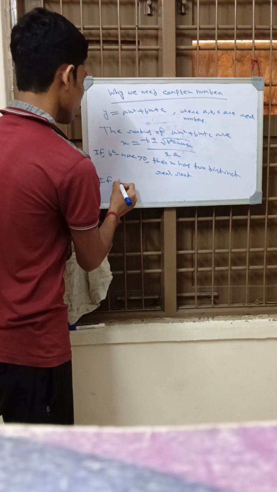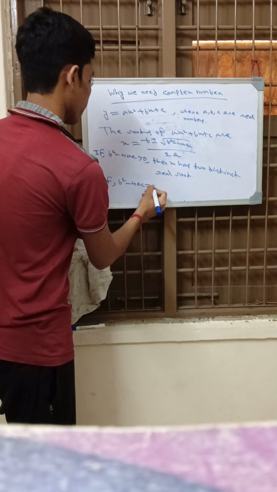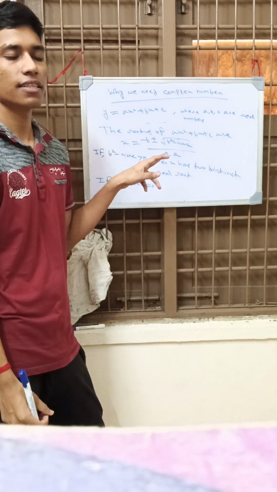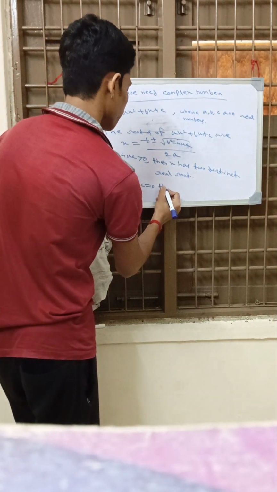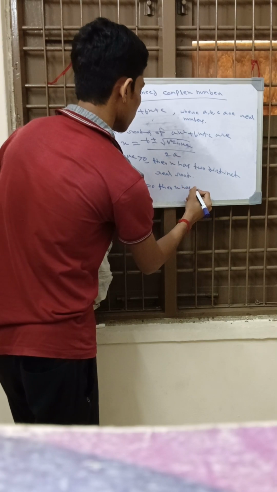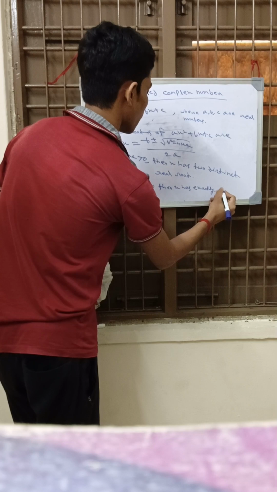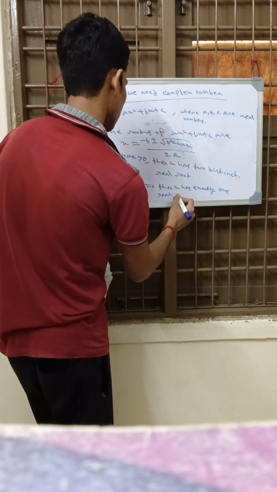And if b square minus 4ac equals 0, then x equals minus b by 2a. So in this case x has exactly one real root.